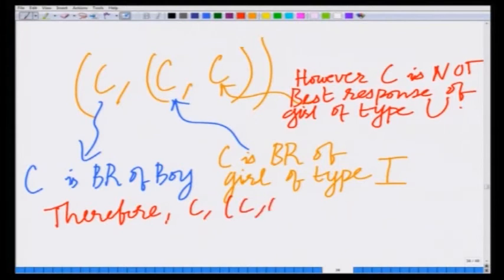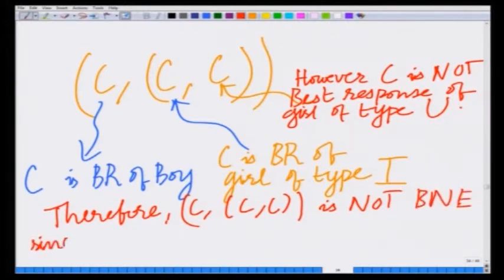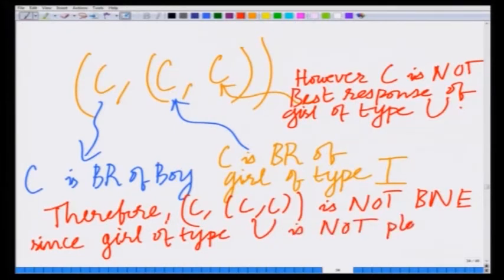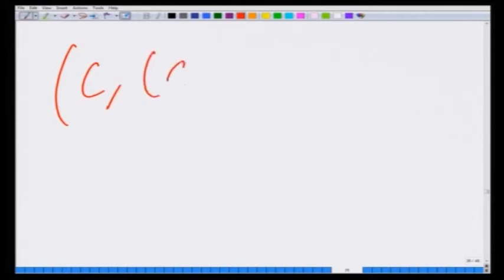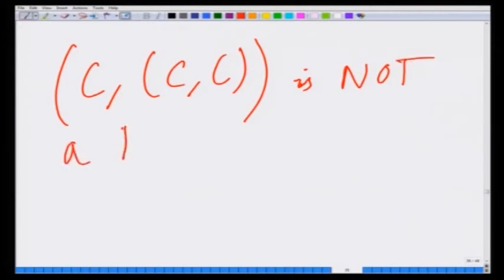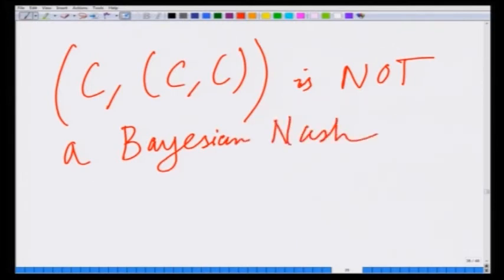Therefore, this C comma C comma C is not a Bayesian Nash equilibrium, since the girl of type U is not playing her best response.